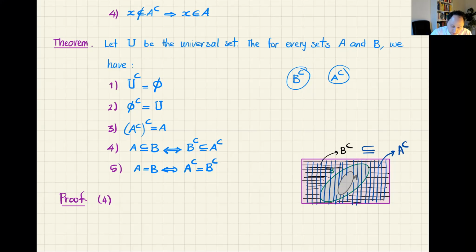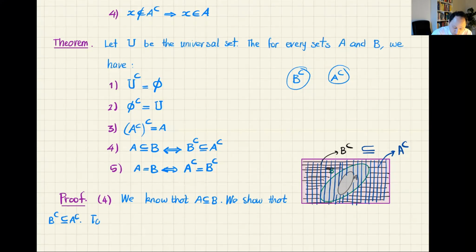So let me write it in detail. We know that A is a subset of B. We show that B complement is a subset of A complement.